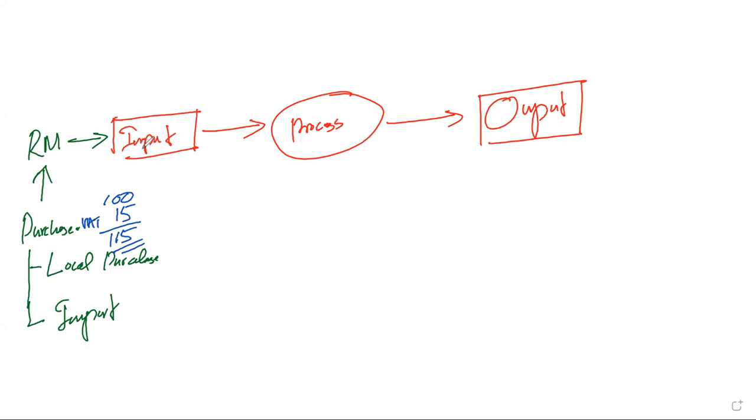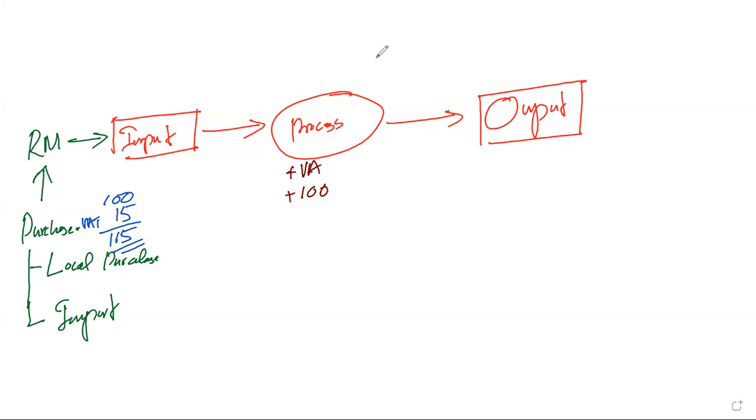You put those things as input, and then you did some value addition, because whatever you purchase under raw material, you can't use as it is. So you will do some value addition, including the profit margin, let's say 100.